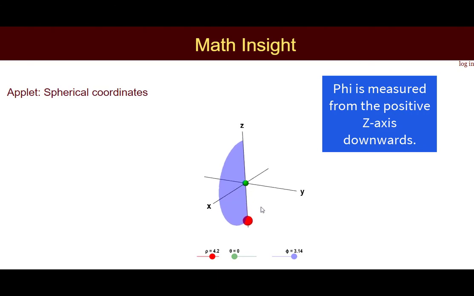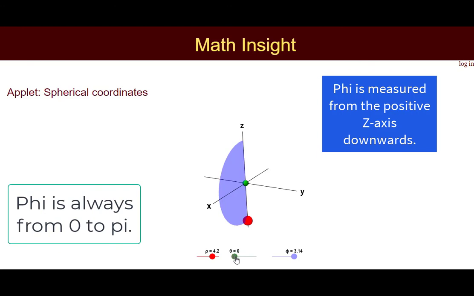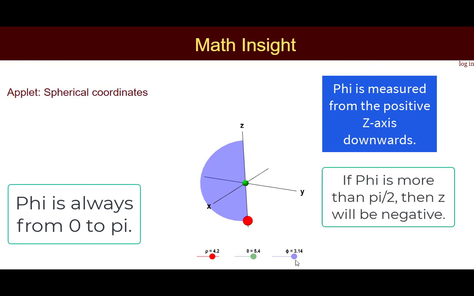It is always 0 to pi, because if you want to locate a point somewhere behind, you rotate theta and you face your chair that direction, and then this angle will always be from 0 to pi. And again, we can rotate this angle somewhere else. Phi goes from 0 to pi. So if phi is 0, you're on the z-axis somewhere, positive side. And if phi is pi, you're on the negative side.